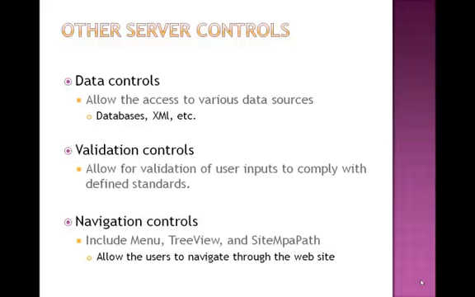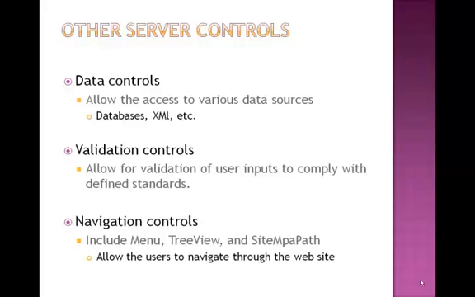Another set of controls is essentially a type of control that lets the user find their way through the website. And these controls are called navigation controls. There are several kinds of these controls, starting from a tree view, a sitemap path, and essentially a menu kind of navigation control.